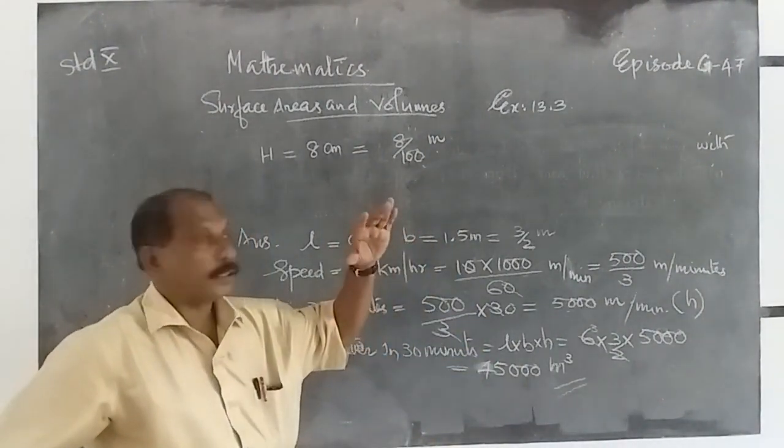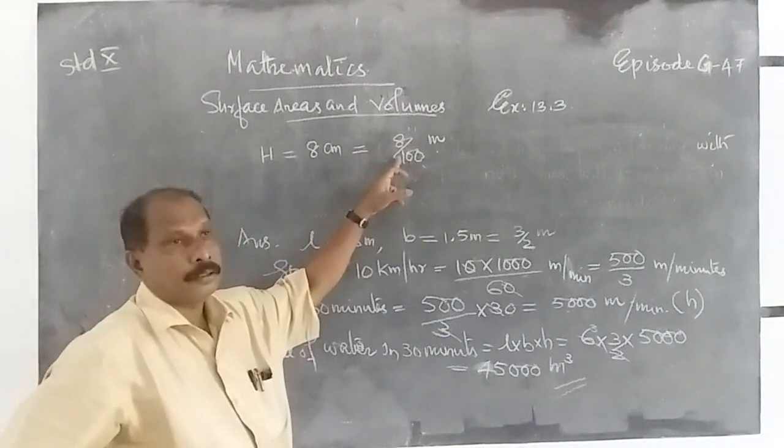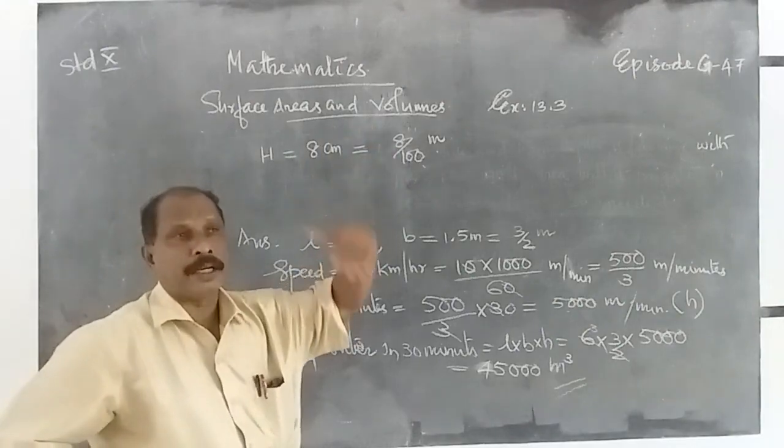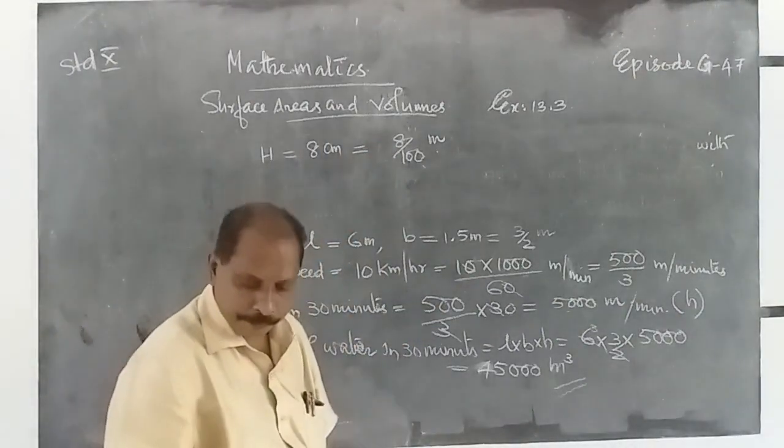The standing water is 8 by 100 meter. Therefore length into width into height, where length into width is the area.